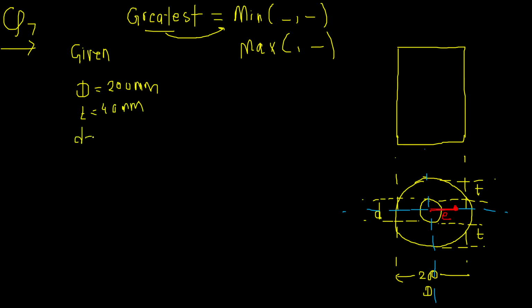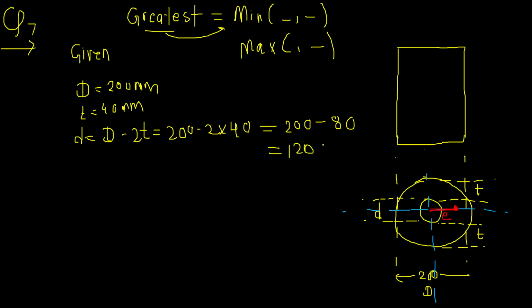So inner diameter कसा काढायचा, external diameter minus 2t, that is 200 minus 2 into 40, that is equal to 200 minus 80. तर हे किती झालं, 120 mm. Okay, so this is the internal diameter 120 mm.